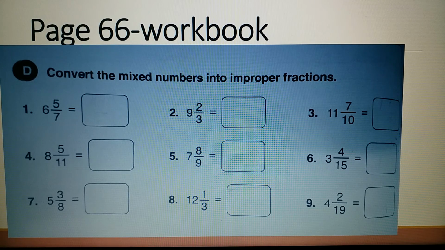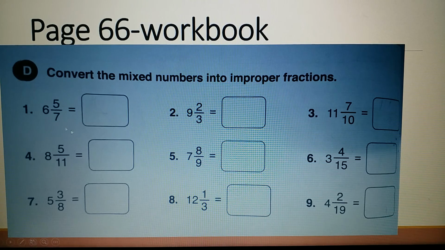So let's answer your workbook. For example, number 1, 6 and 5 over 7. So we are going to multiply first the denominator and the whole number. So 7 times 6, how much?